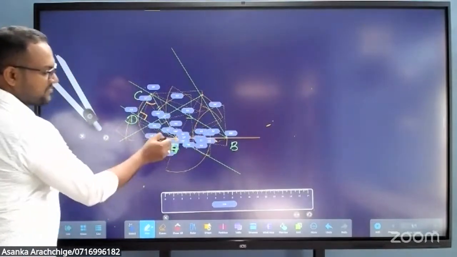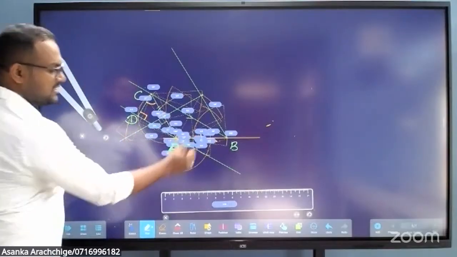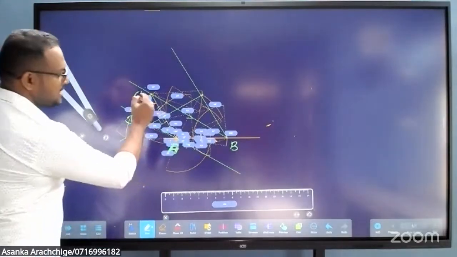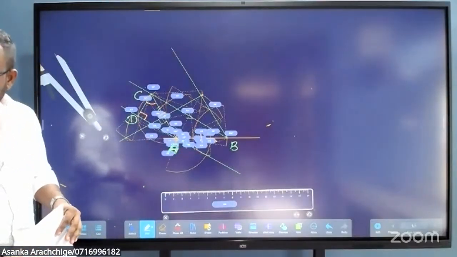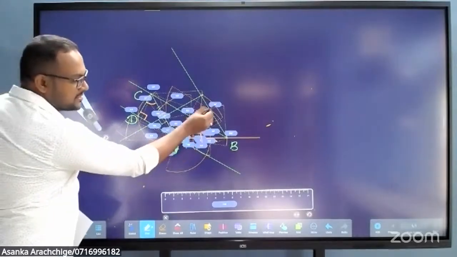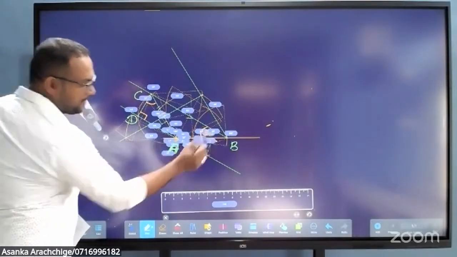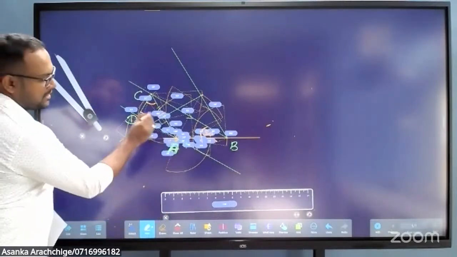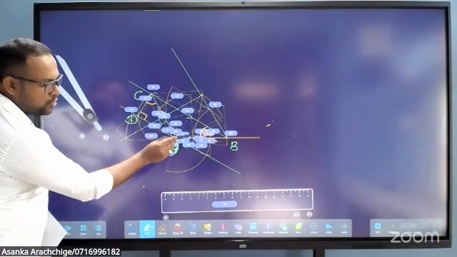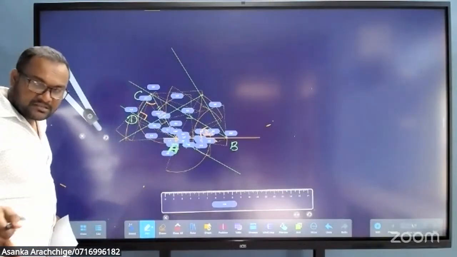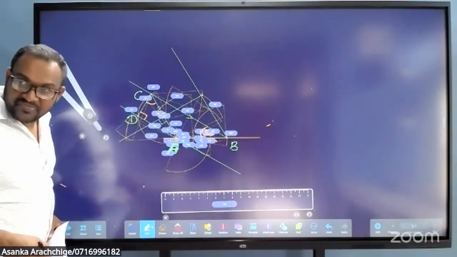This is an isosceles triangle. මෙන්න මෙයා isosceles triangle එකක්, I mean ABC. Triangle ABC is an isosceles triangle. This is 60, therefore this angle was 30. Since this is an isosceles triangle, the angles opposite equal sides are equal.